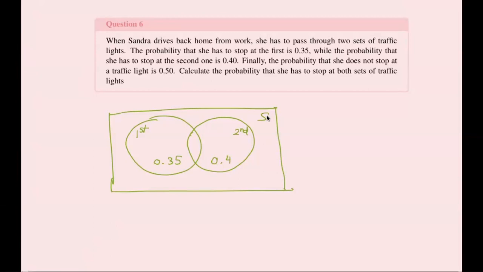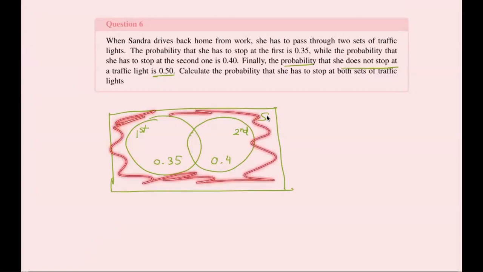We also have that the probability she does not stop at any traffic light is 0.5. So this is the probability she stopped at the first traffic light, second traffic light. If she stopped at none of the traffic lights, it should be everywhere outside the circle.